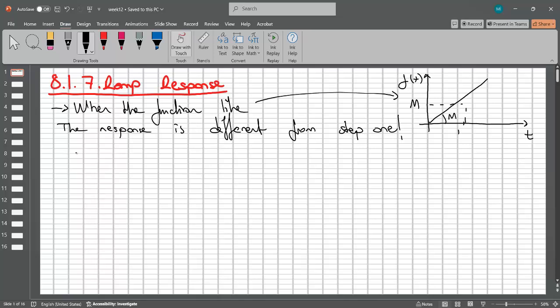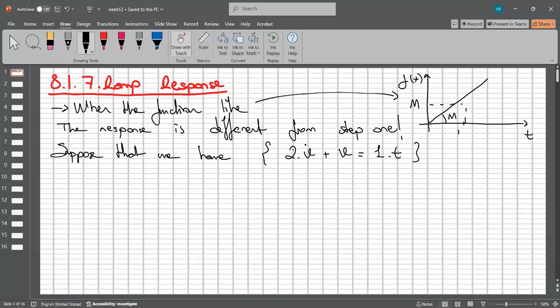So in order to understand this, suppose that we have this kind of model. V dot is the derivative of velocity, which equals the acceleration. We apply the input t.